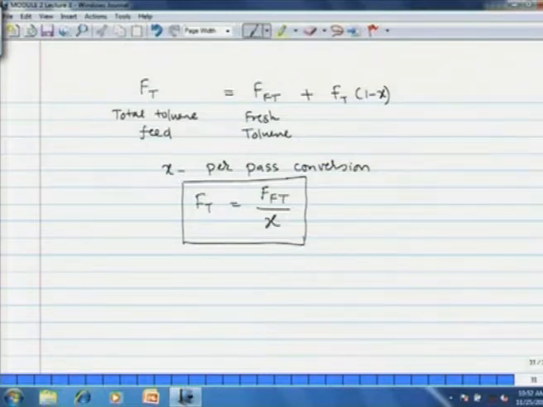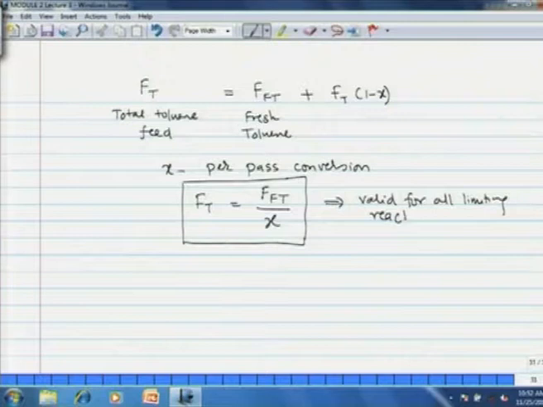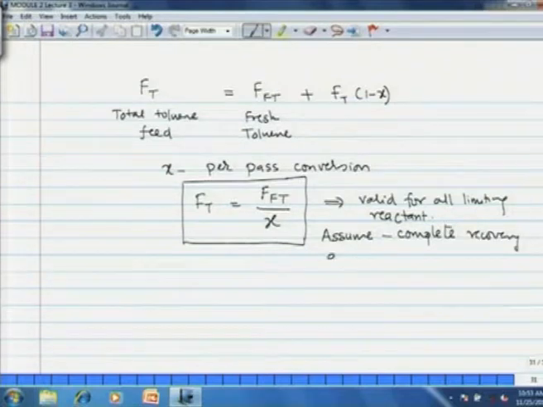Now, this material balance is always valid in case of limiting reactant. However, we have to assume complete recovery and recycle of limiting reactant.